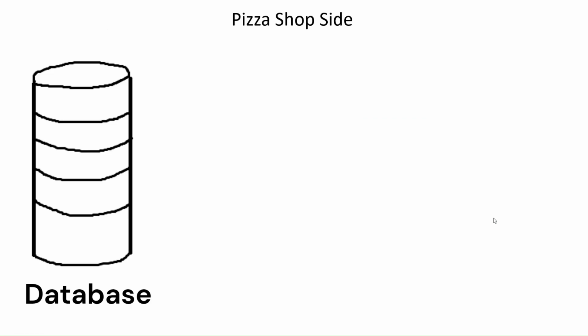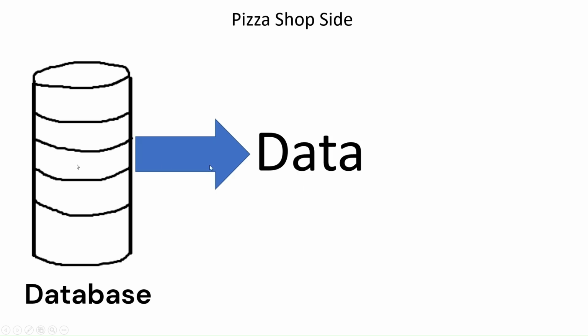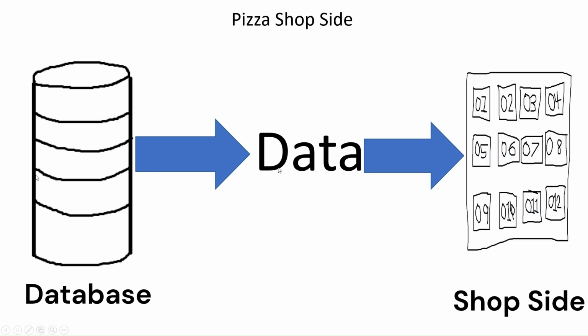And now for the pizza shop side, we've got our database that holds data, and the data is going to be put into an app for probably people in the kitchen or the managers or something, so that they can quickly see the different orders that have popped in.